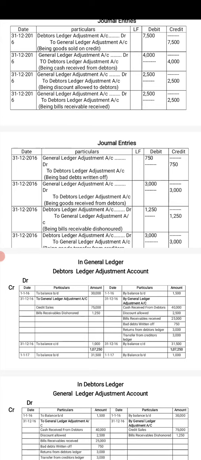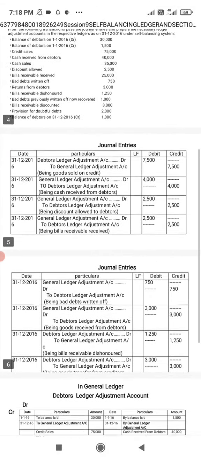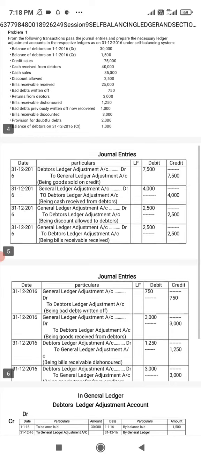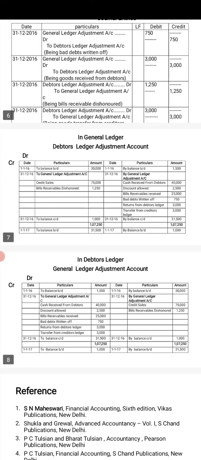First, we'll finish the debit side entries. First, you have to enter the opening debit balance of the debtors, balance of debtors as on 1st January 2016: to balance brought down 30,000.